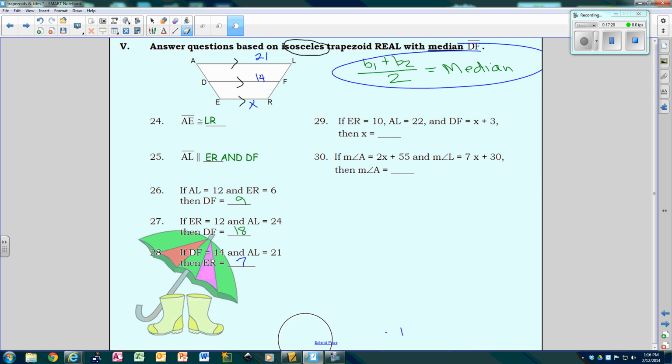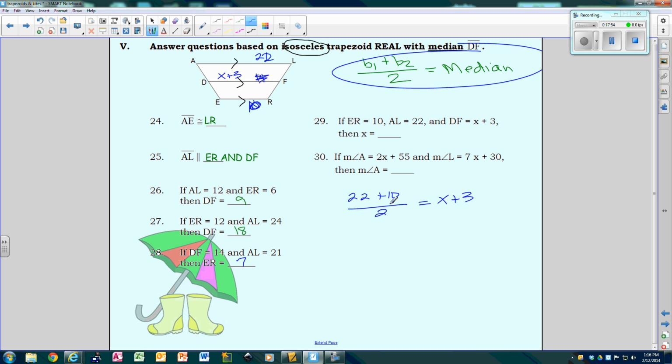you guys in class. So now, if ER is 10, so now they're saying this is 10, AL is 22, and DF is x plus 3. Now this is x plus 3. So what am I going to do now? Well, I know if I add the bases, 22 plus 10 divided by 2 equals whatever's in the middle. It just happens to be x plus 3.